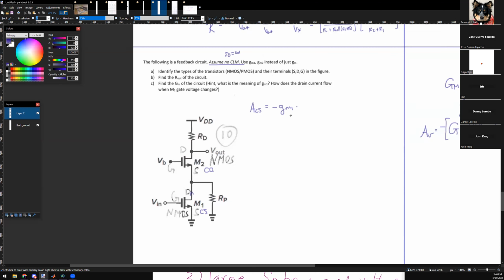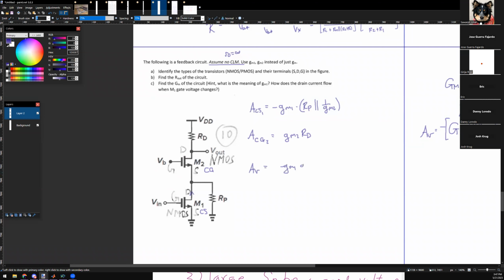That's RD in parallel with the resistance looking up into this guy, which is 1 over GM2. Then AC common gate from 2 is GM2 times RD. So the total gain should just be this.